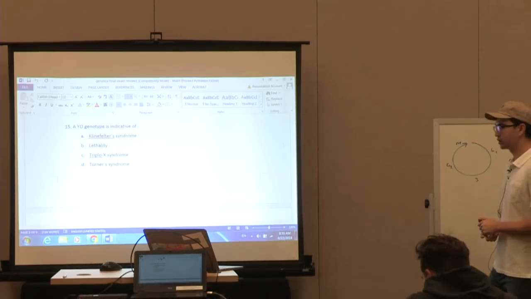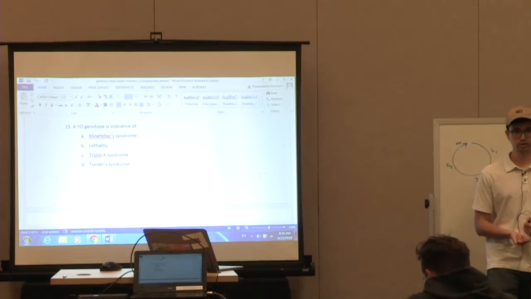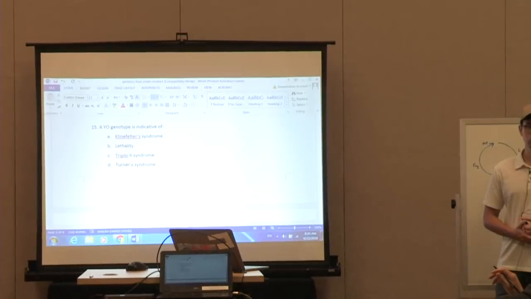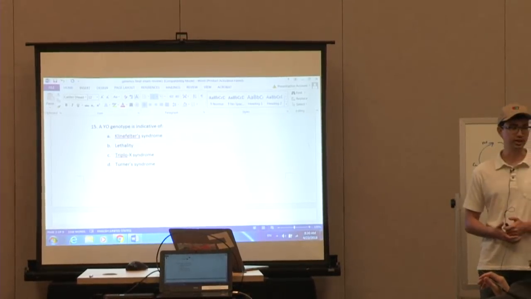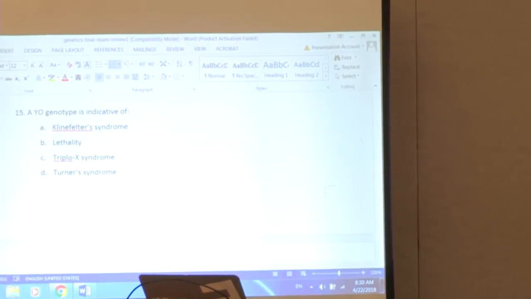Klinefelters, does anyone remember the sequence of what Klinefelters would be? XXY, yeah, really good. Then triple X, it's quite literally triple X, so it'd be 3 X's. And then Turner syndrome would be XO, right?